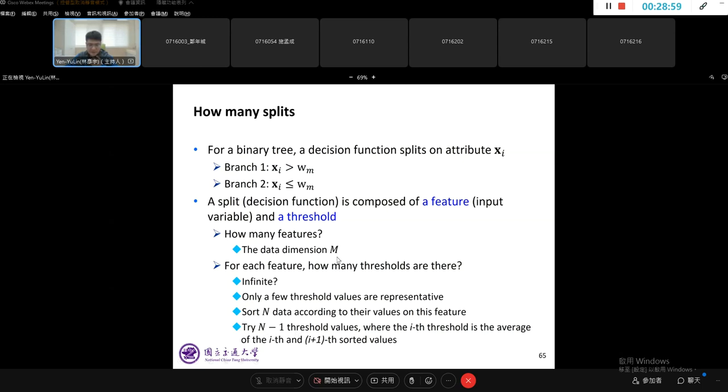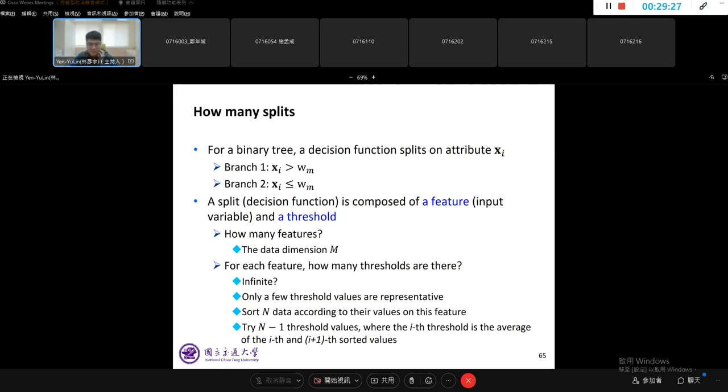Totally, there are m multiplied by n minus 1 split candidates. We can estimate the information gain for each of the split candidates. So we can realize which one is the best, which one is associated with the maximum information gain.